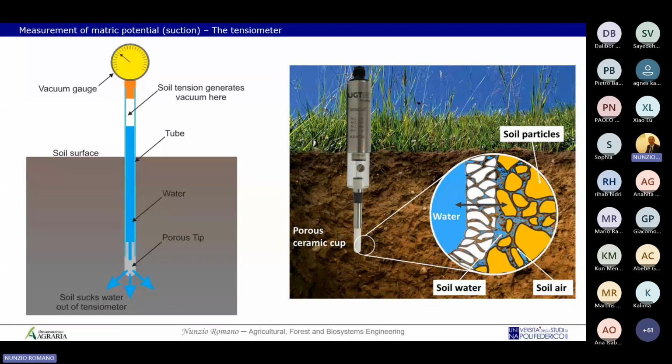But if you use, like you can see in the enlargement in the picture on your right, the porous cap, the porosity is so small that it connects the water in the tube to the water in the soil, but air cannot flow through the pores. So when there is equilibrium, this system just measures the suction, the matric pressure that water has in the soil.